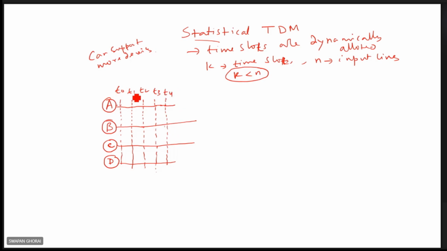So you see T1 minus T0 is one period, and T2 minus T1, T3 minus T2, T4 minus T3. So there are 4 time epochs. They are input lines, or you can say users, right?